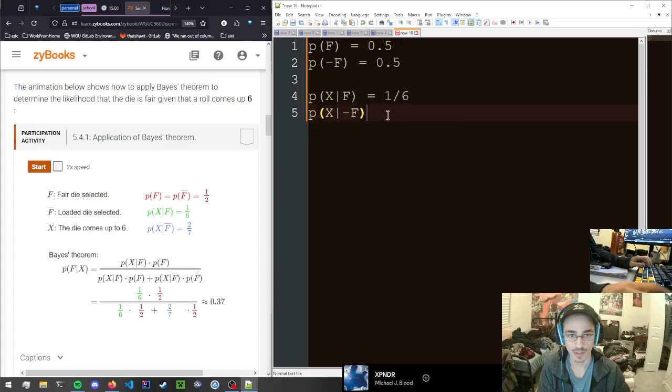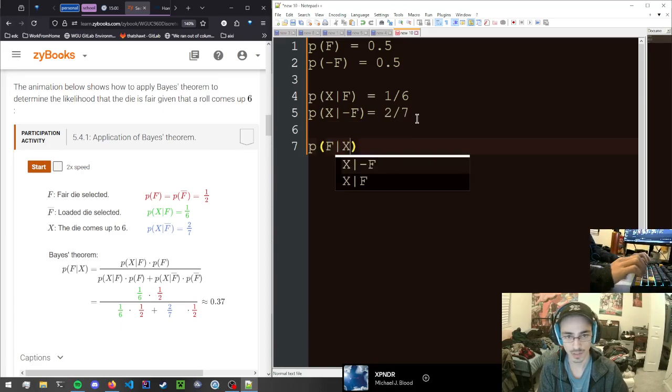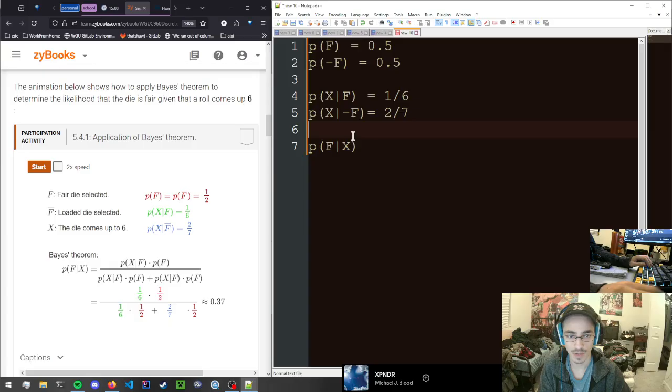Probability of rolling a 6 on the unfair dice was 2 over 7. And now let's find the probability that you had a fair dice given you rolled a 6.